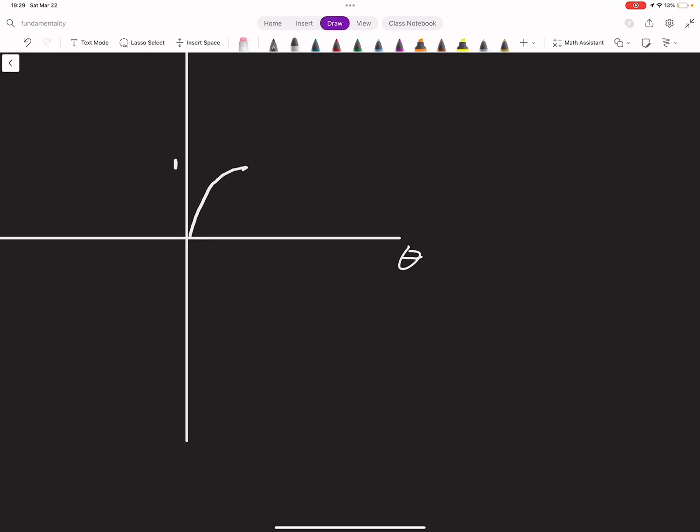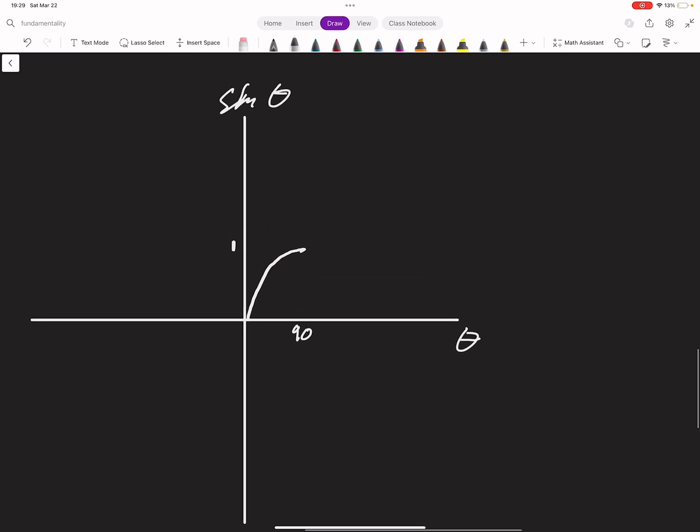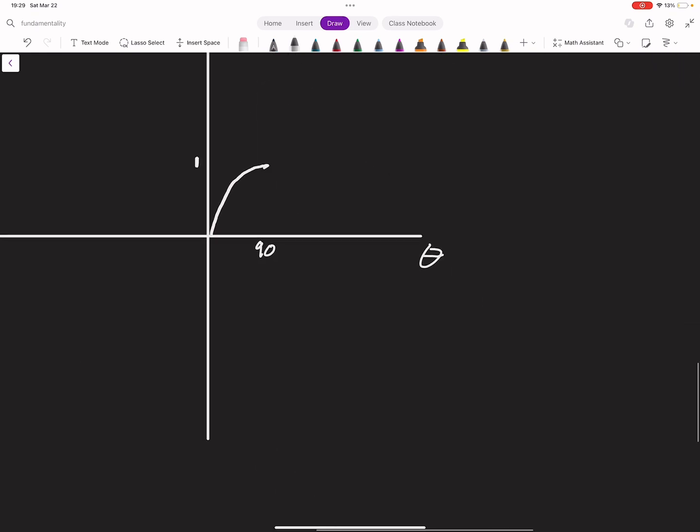It's only gonna go to 1. That's the maximum value it can be, and that's at 90 degrees. Okay, so throughout time it kind of produces this wave type pattern, and it goes down and back up, and then that's going to be at 180, 270, 360.